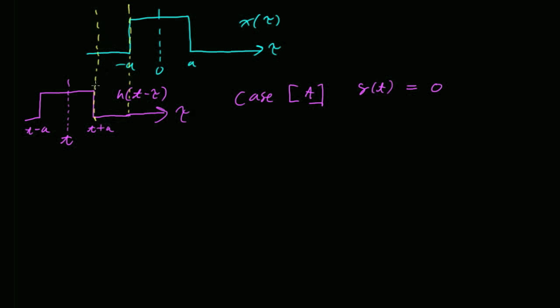So, this list of conditions on which that will hold, I'm going to scratch paper over here. That means that t plus a has to be less than minus a. So therefore, t has to be less than minus 2a. So this condition holds for t less than minus 2a.